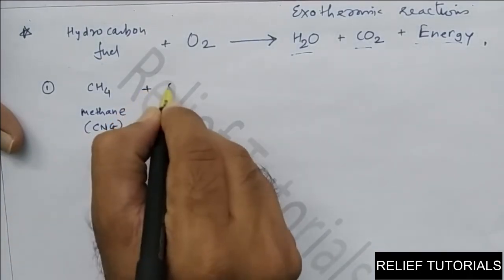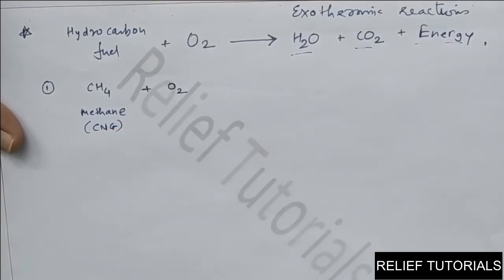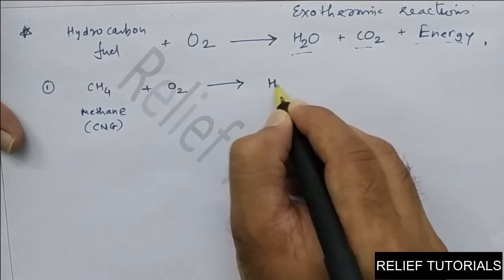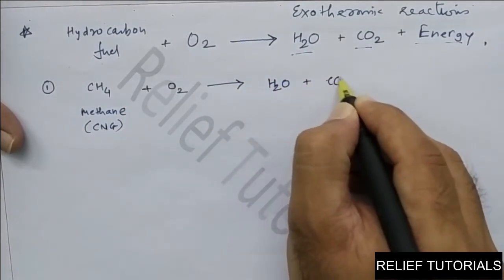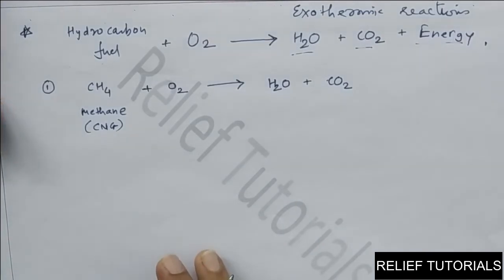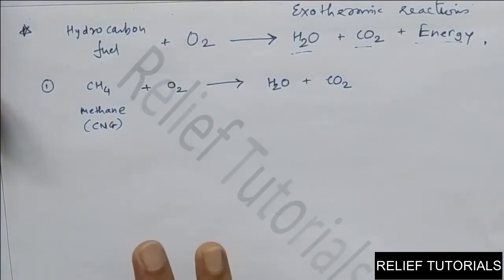So methane, when burnt in presence of oxygen, gives the same products H2O, CO2 and energy. We are not writing energy because we are focusing on the balancing only right now.